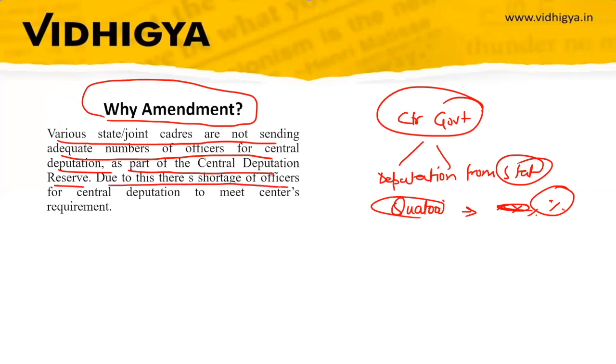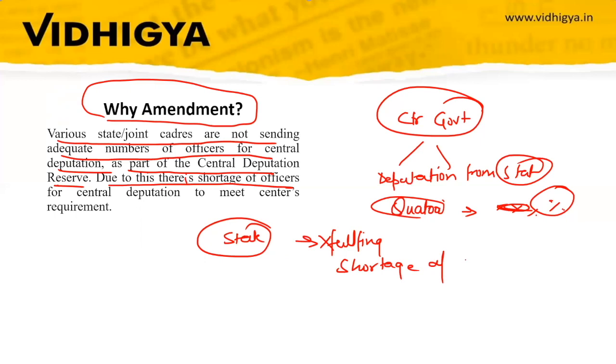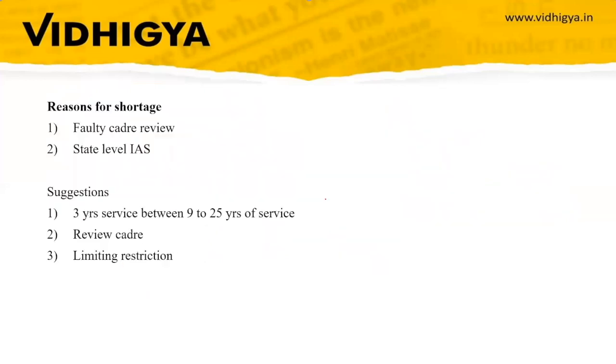However, state governments are not fulfilling their quota, and therefore there is a shortage of officers in the central government to meet the Center's requirement. That is why the Center is amending the IAS Cadre rules, so that the Center can get the required number of officers on deputation.